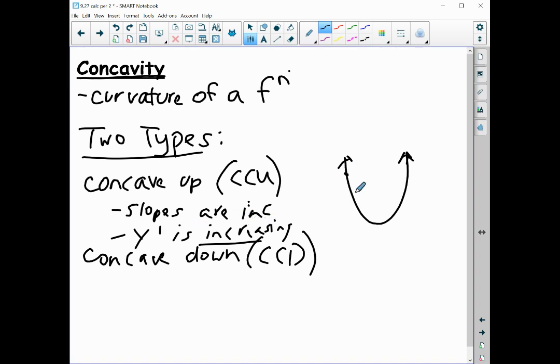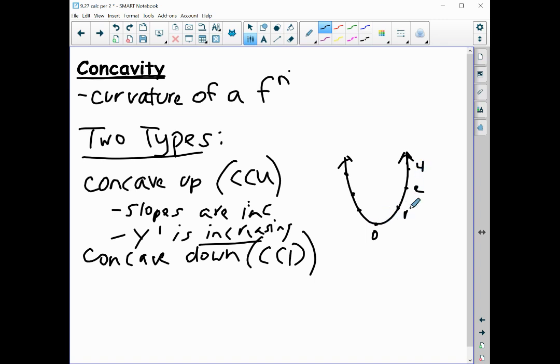If you look at these slopes along this concave up function, some of these slopes are positive and some of these slopes are negative. But if I look at how the slope is changing, let's just estimate some slopes real fast. I'm going to estimate that one as a slope of 0. I'm going to estimate that one as a slope of 1. Now this point right here is steeper, so maybe that's a slope of 2. And this point is even steeper, so maybe that's a slope of 4.